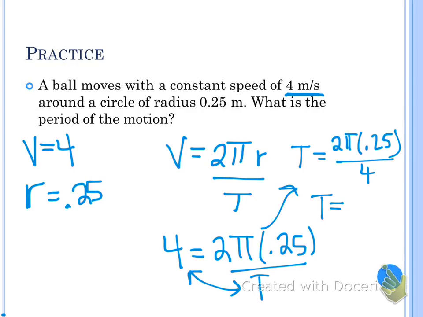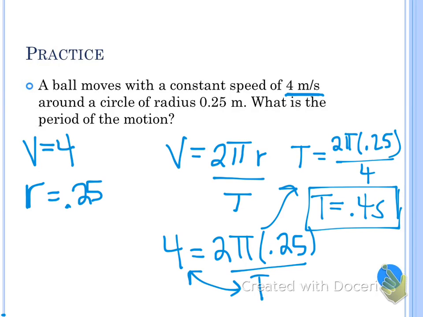And that means I got T to equal about 0.4 seconds. Yeah? Okay. All right, questions?